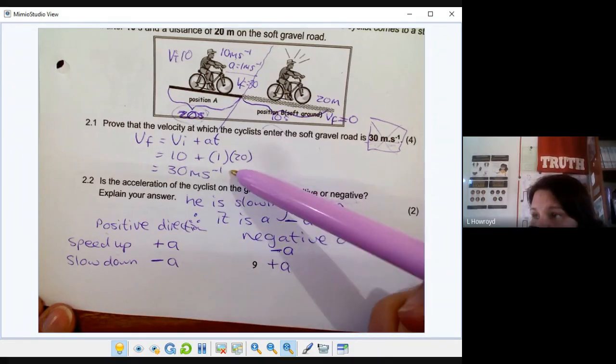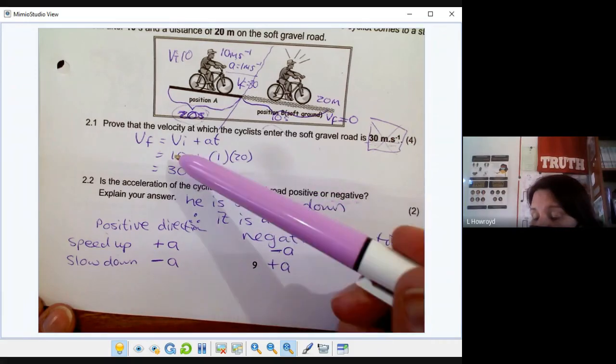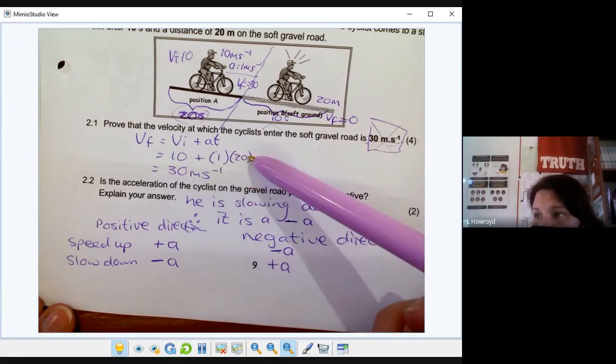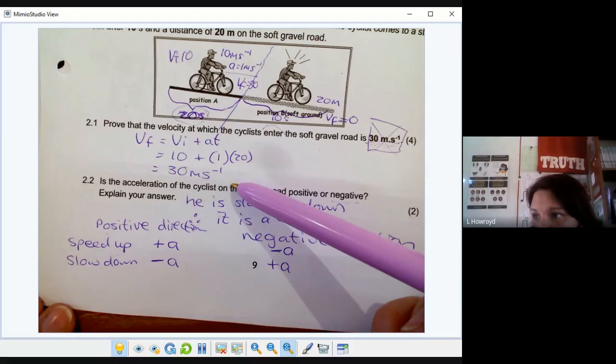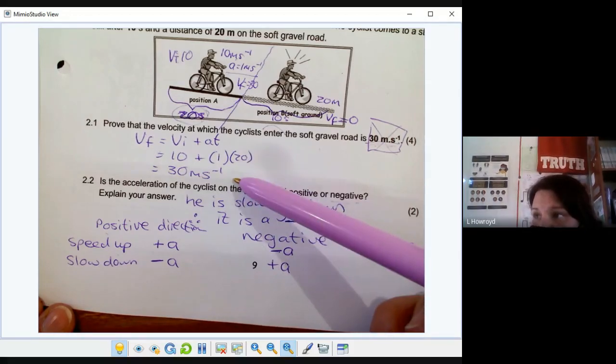And if you give me a correct answer with the correct unit, you will get that mark. The problem is that it also has to be mathematically correct. So let's say you did something wrong with the substitution, but you knew the answer was 30. Even though it didn't give you 30, you just put 30, you won't get the mark because it doesn't work. That does not equal that.